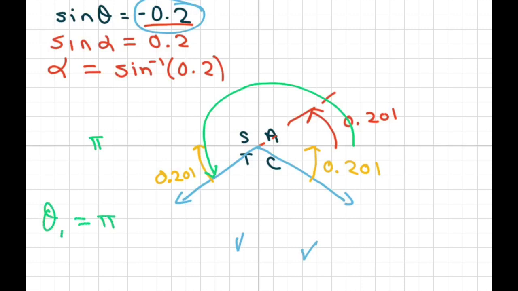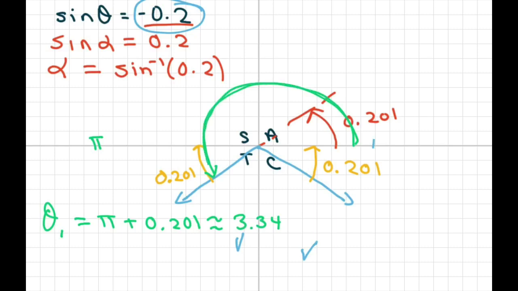So to get the actual angle from here, I'm going to take pi, so for theta 1, that's going to be pi plus 0.201, which is approximately 3.34. So that's the length of this angle here.